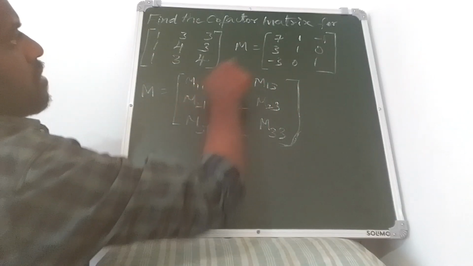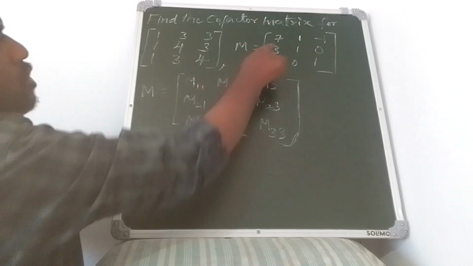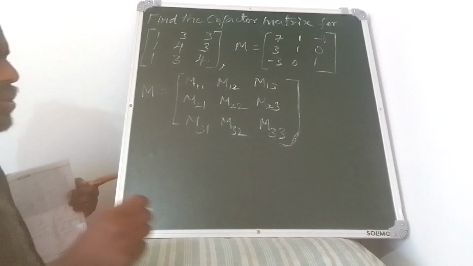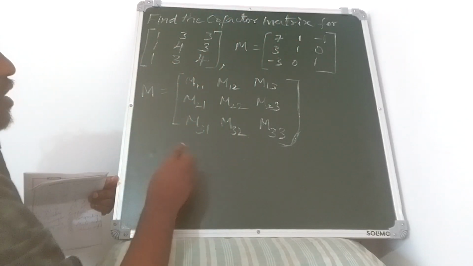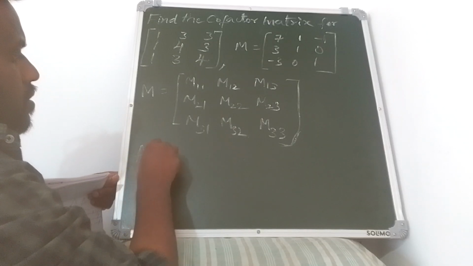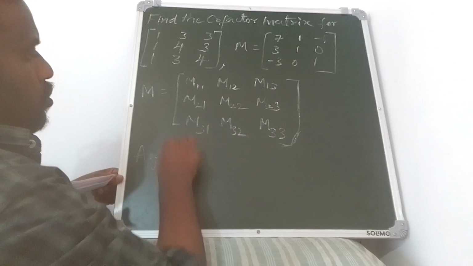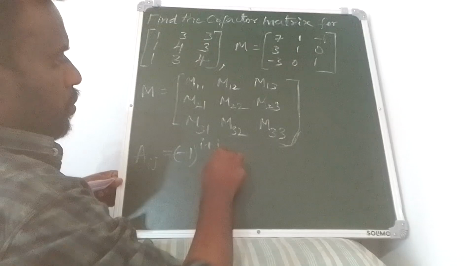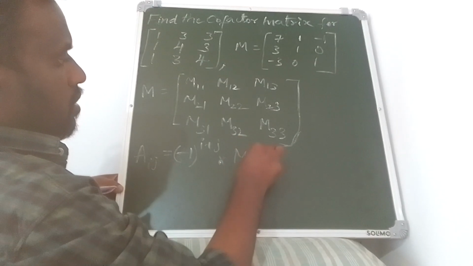M11 means, in place of this we have 7. M12 means in place of M12 we have 1. That means M11 is equal to 7. M12 is equal to 1. So that's the meaning. Now we want the cofactor matrix. For that we will use the general formula. This is the general formula: Aij equals minus 1 to the power of i plus j into Mij.